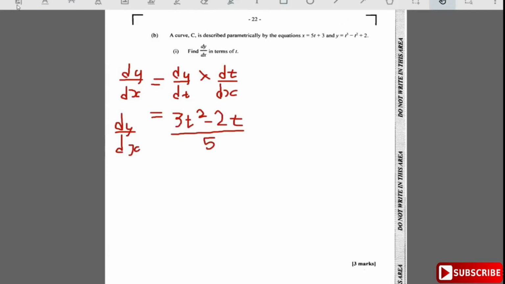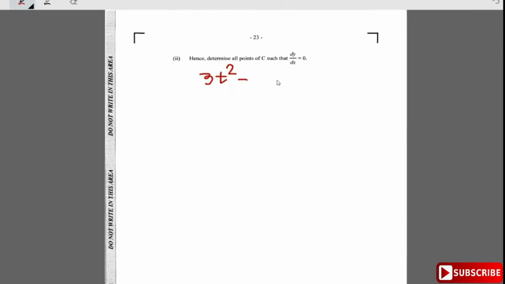So we're going to be solving 3t squared minus 2t over 5 equal to 0. If we're solving this equals 0, then that implies that we can multiply through by 5 to get that 3t squared minus 2t is equal to 0.